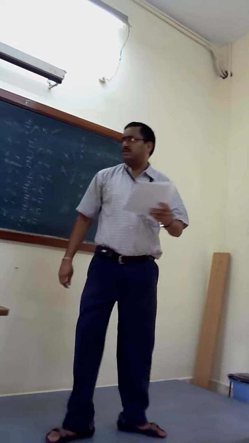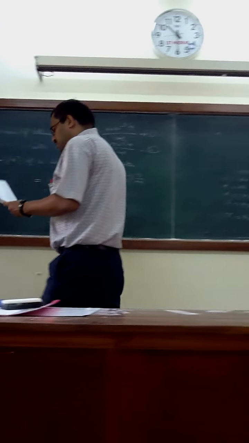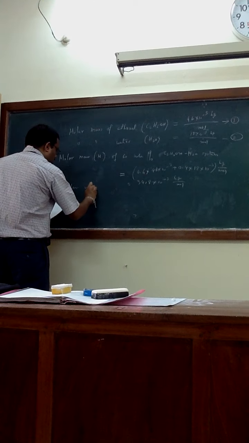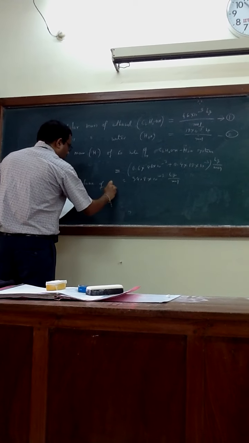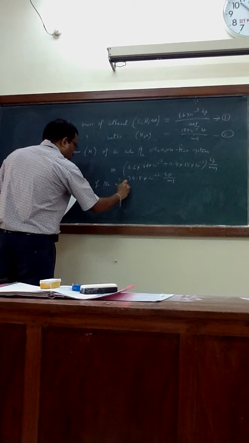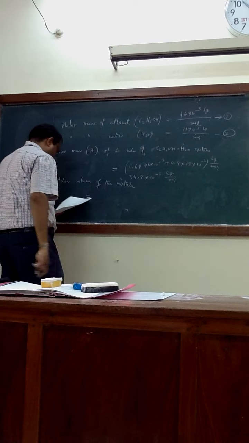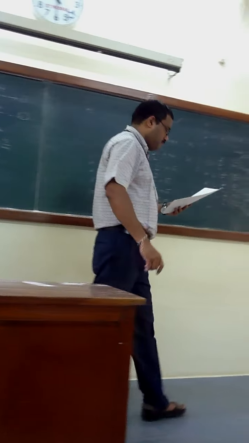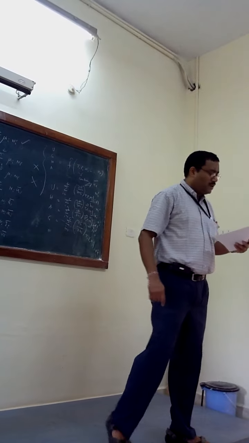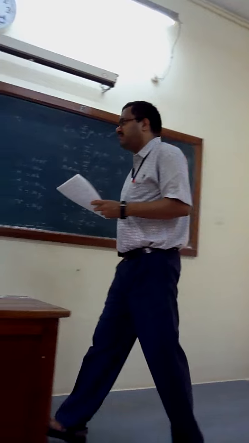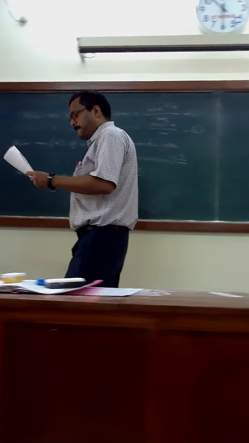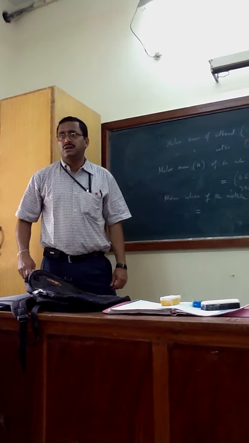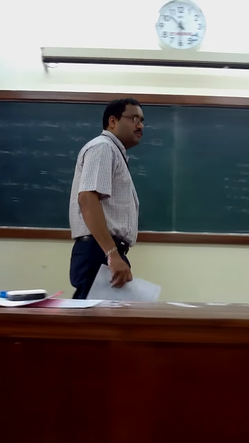Molar volume of the mixture, small v. You know the mass, and the density of the mixture is given. Mass divided by density equals volume, right? The density of the mixture is given as 849.4 kg per m³, right?